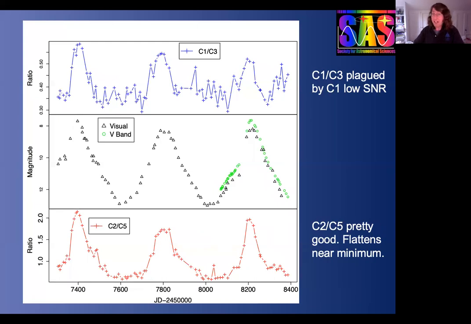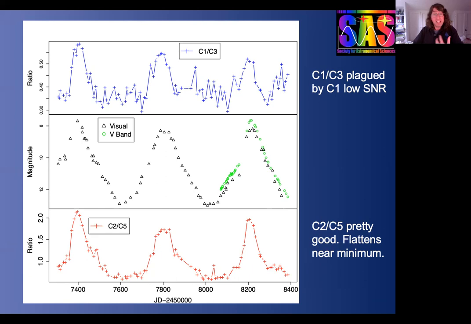We also predicted, as seen here, that C2 to C5 ratio would flatten out near minimum brightness when the target is coolest. Our work with the Pickles template also predicted that the C1 to C3 ratio shown on the top would be more effective to measure the change in spectral type when R-Oct is coolest near minimum.